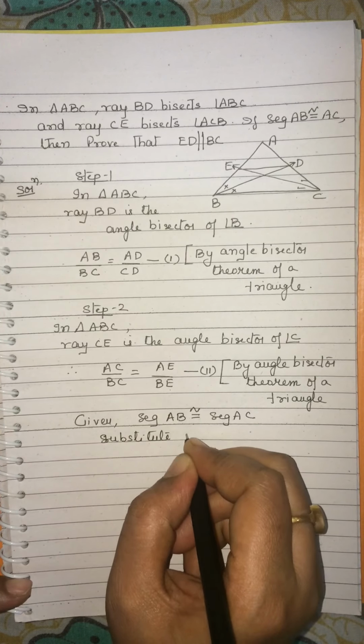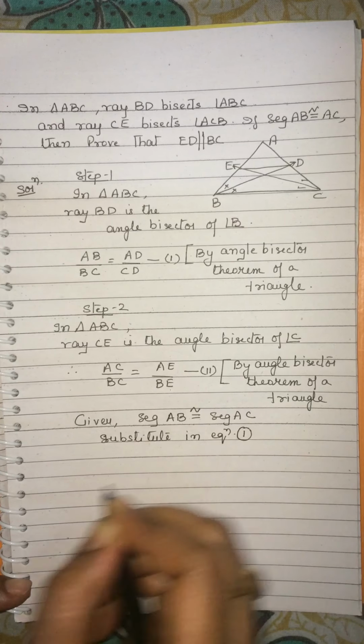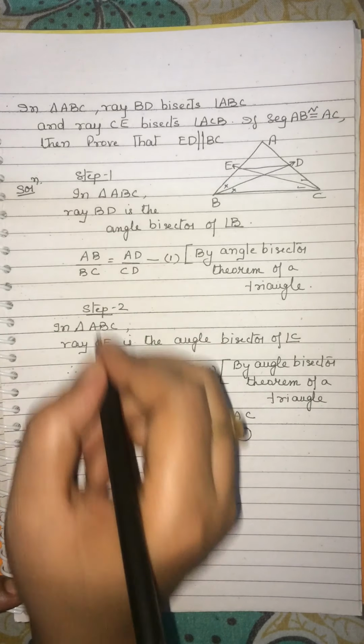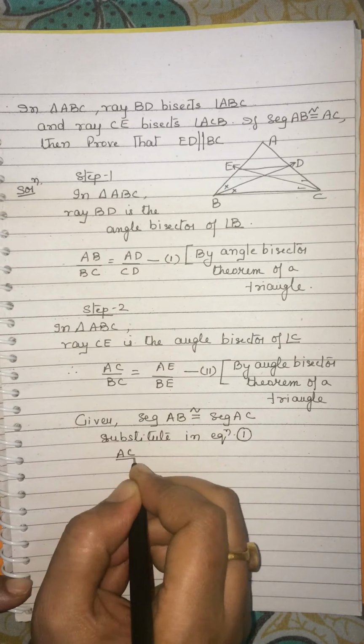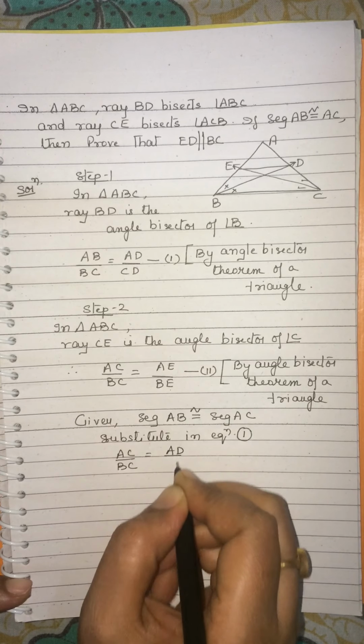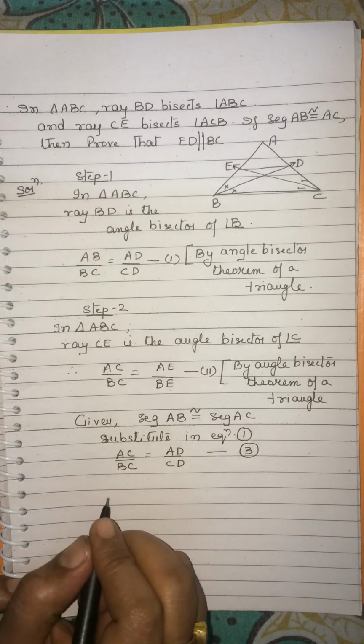Substitute in equation 1. So what do we get? In place of AB, if we put AC, AC upon BC is equal to AD upon CD. So take it as equation 3.